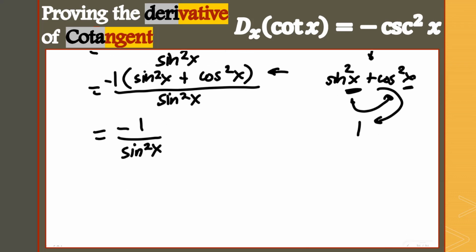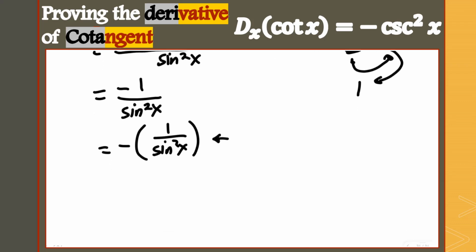If we take the negative, 1 over sine squared x, what is this equivalent to? This is the reciprocal of sine, which means it is cosecant squared x, because this is squared in the first place. Take note, it has a negative sign, so negative square of cosecant x.